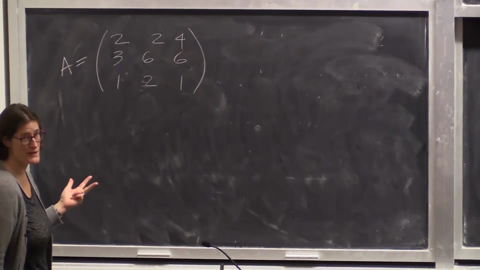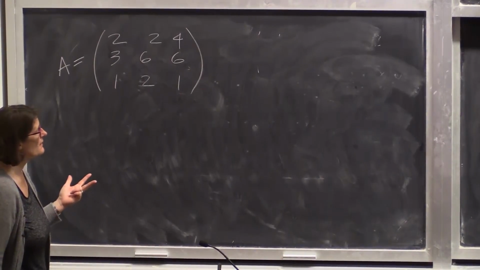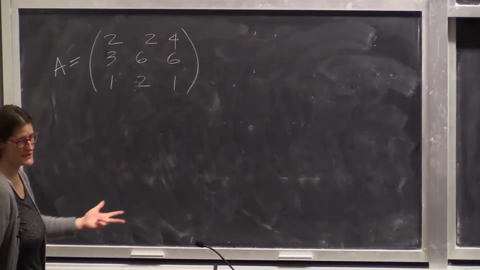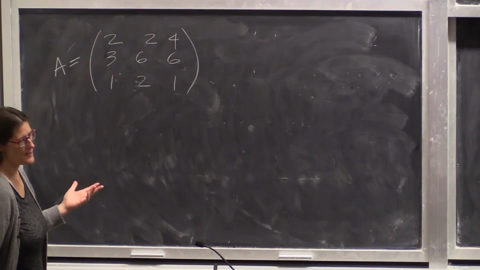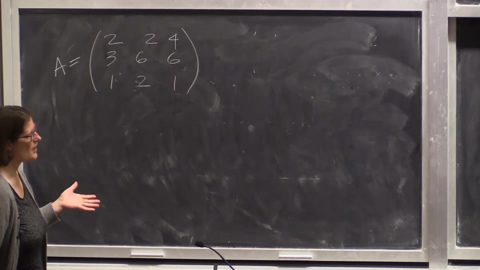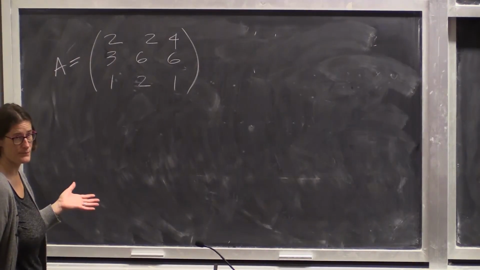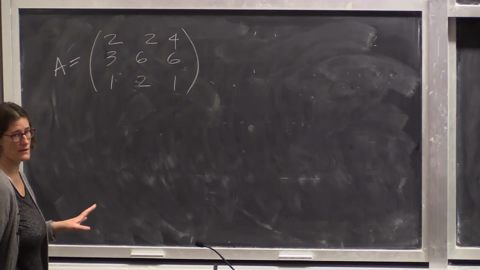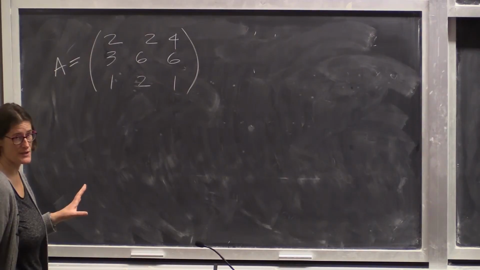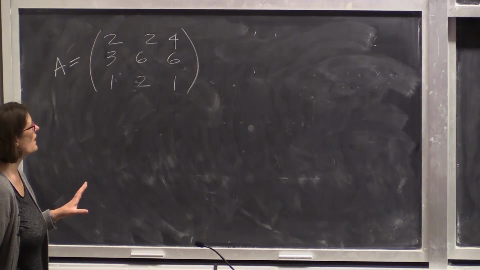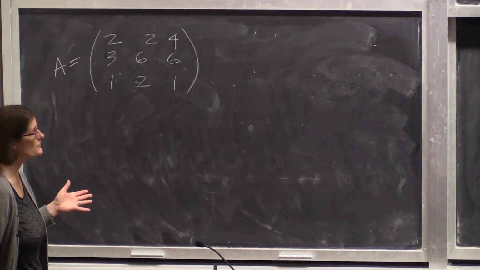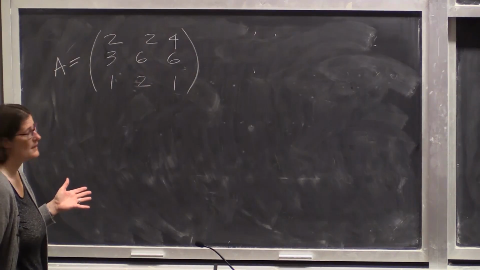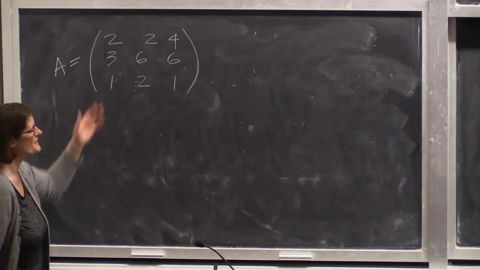Having the freedom of choice on column or row made us be able to see and understand some things very easily. And usually our method was to find a row or column that has a whole bunch of zeros in it. Now, with this matrix, there is no row or column that has a whole bunch of zeros in it. And so ultimately, it doesn't really matter which row or column we use, because no matter what, it's a full matrix.